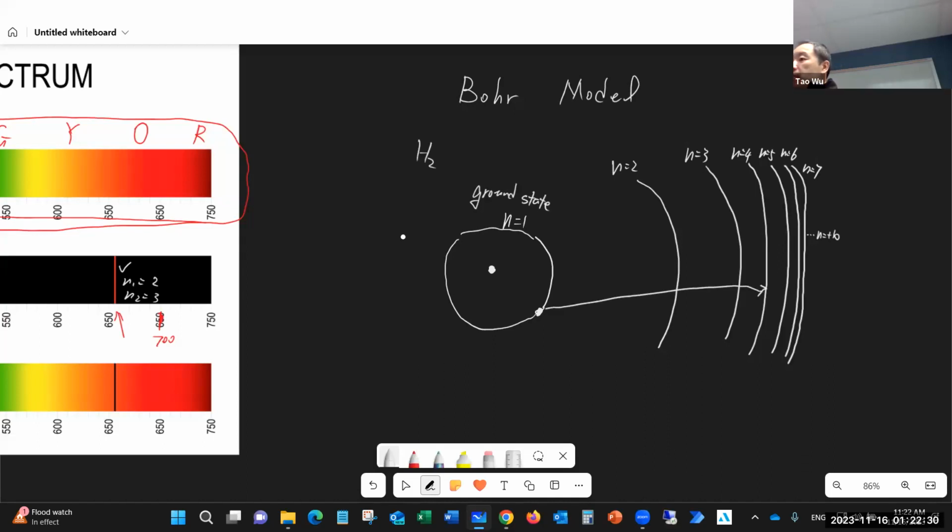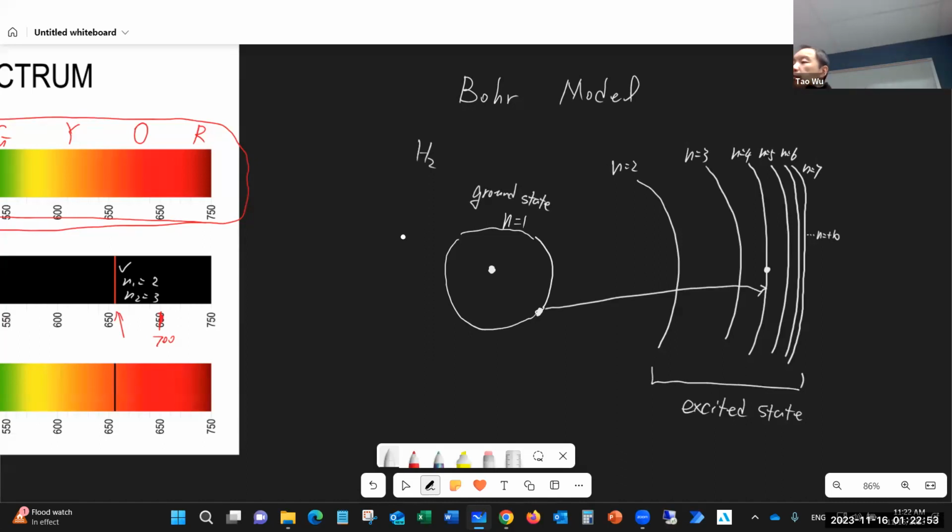So the electron no longer stays in the ground state. It jumps to n equal to 4, level 4. And from level 2, level 3, on up, this area is what we call the excited state.